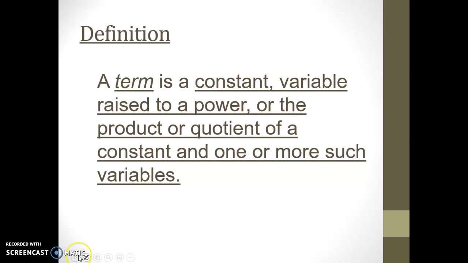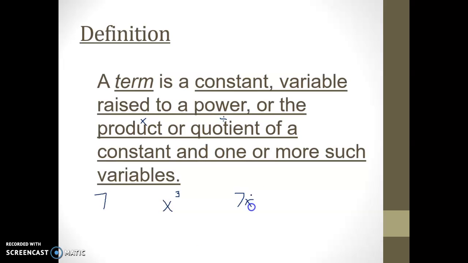Let's take a look at a definition of a term. A term we've looked at before, but here's a reminder. It's a constant, variable raised to a power, or the product or quotient of a constant and one or more such variables. So, just in case you're not sure what those are, it's a constant, that's just a number, a variable raised to a power, whether it's 1, 2, 3, 4, 5, any power, or the product, that means multiplying, or quotient, that means dividing, of a constant and one or more such variables.